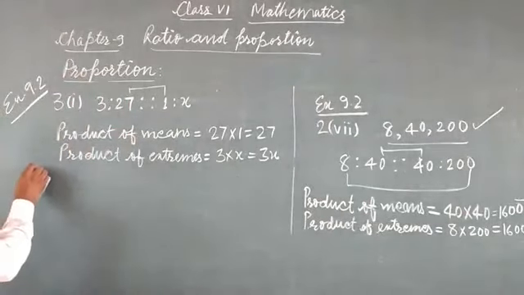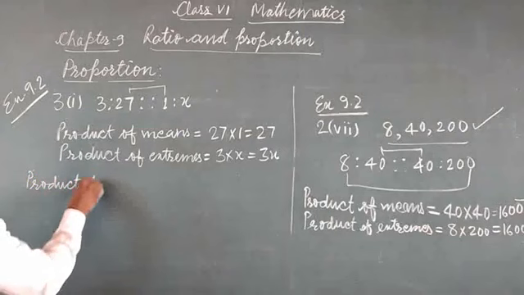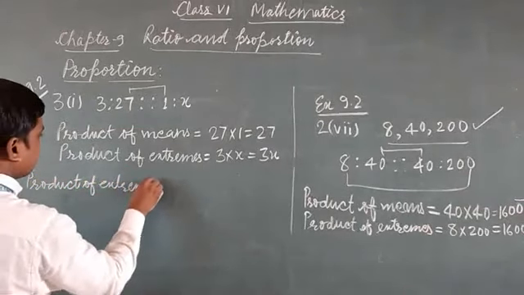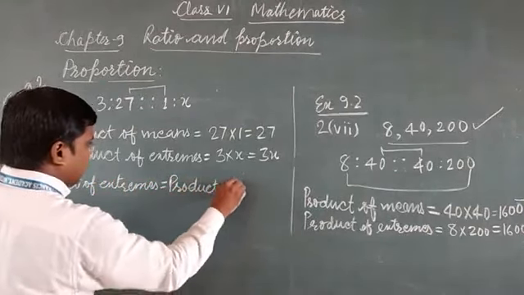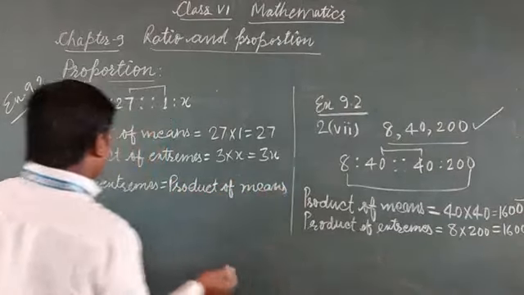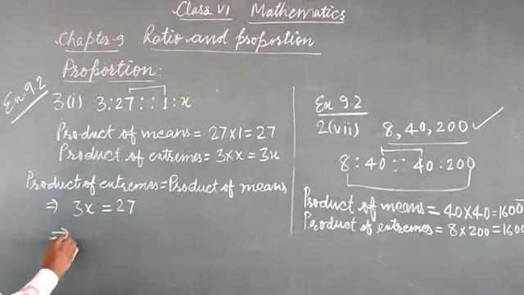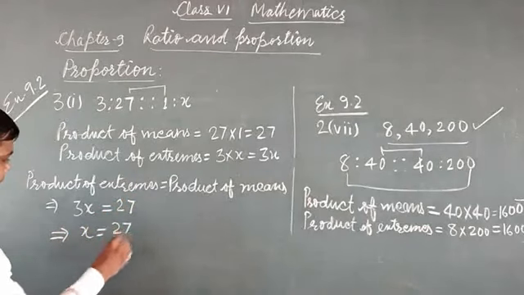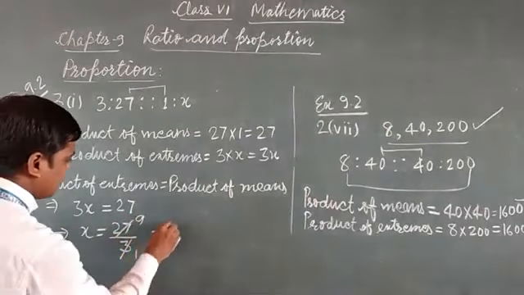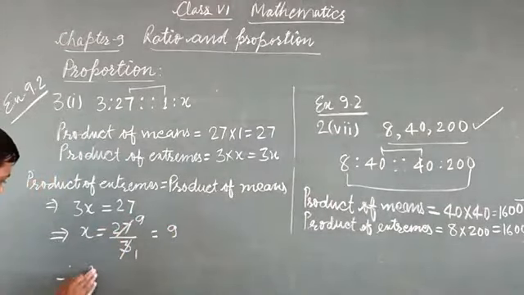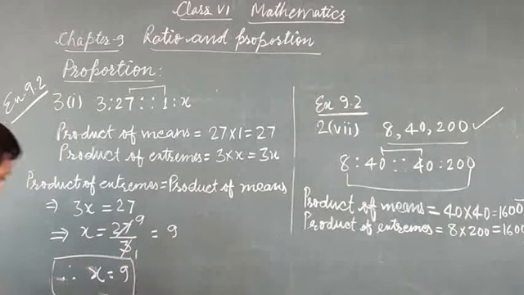So we write 3x is equal to 27, and from here x is equal to 27 divided by 3. 3 nines are 27, so 9. Therefore x is equal to 9. Answer.